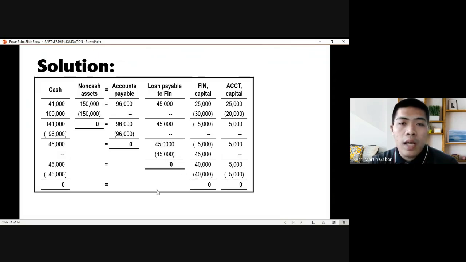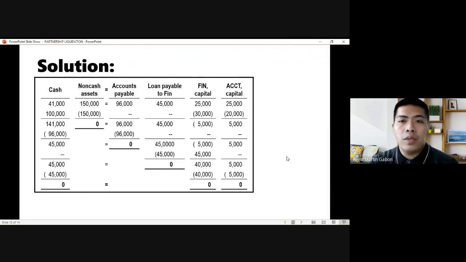After that, all balances are zero. Therefore, all liabilities are settled, the accounts are settled, and the partnership is terminated. Okay, so this will be the liquidation schedule of the partnership.